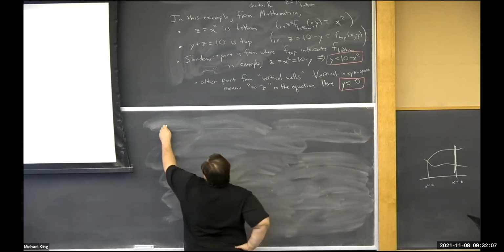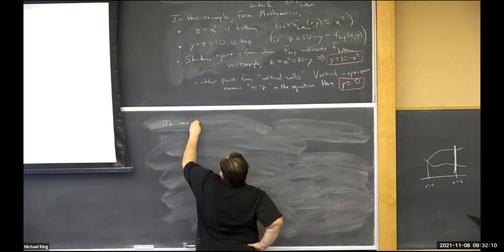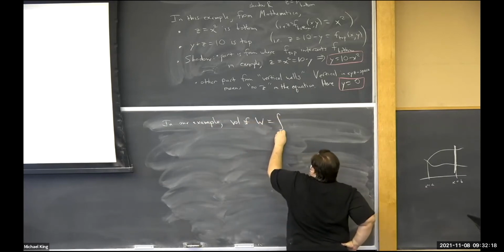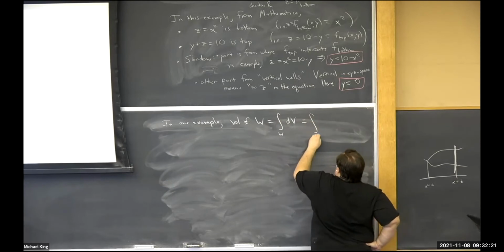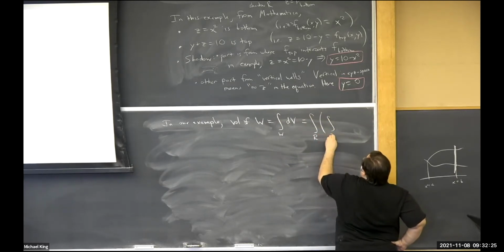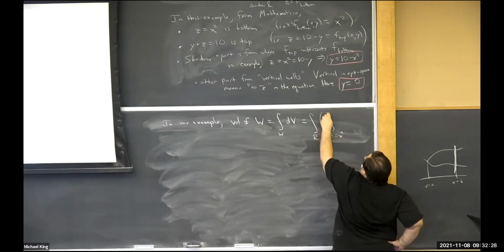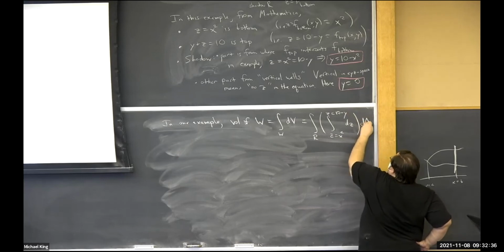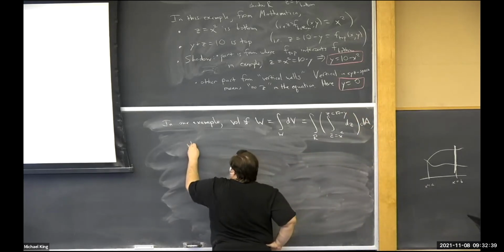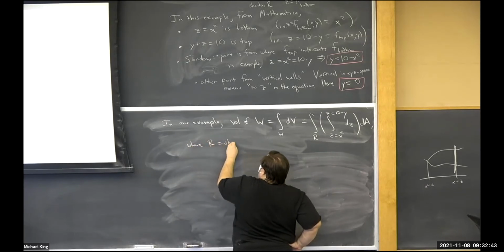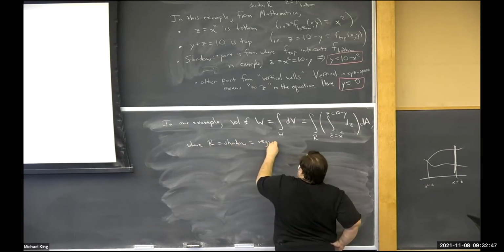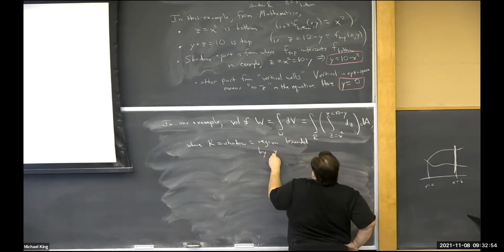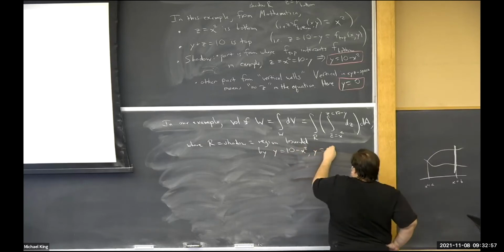So in our example, the volume of W is the integral over W of dV, which is the integral over R, and then the integral, we identified the bottom and the top, right? z equals x squared was the bottom. z equals 10 minus y is the top, of dz dA, where R is the shadow, the region bounded by y equals 10 minus x squared and y equals 0.